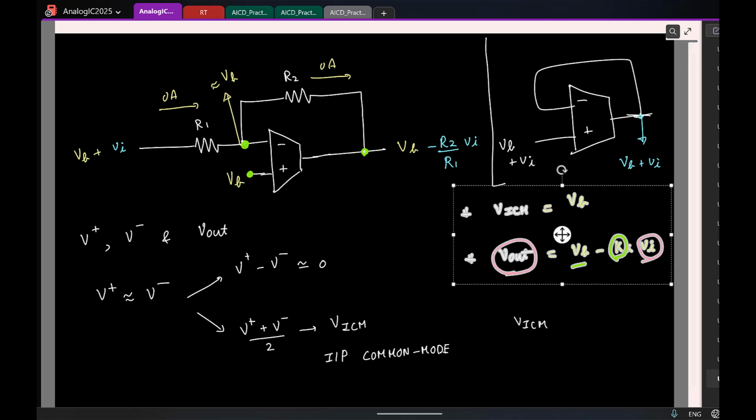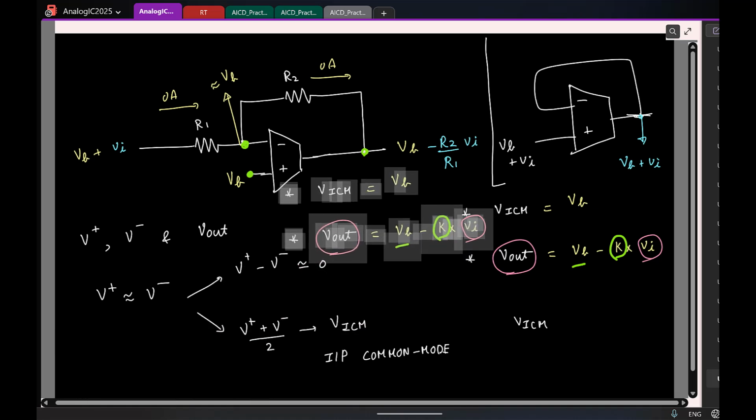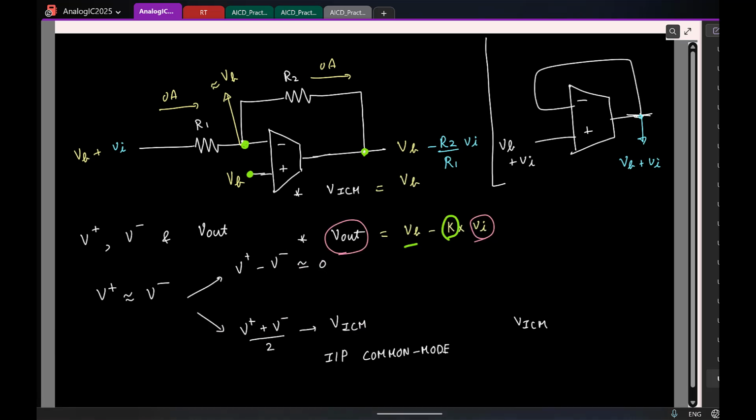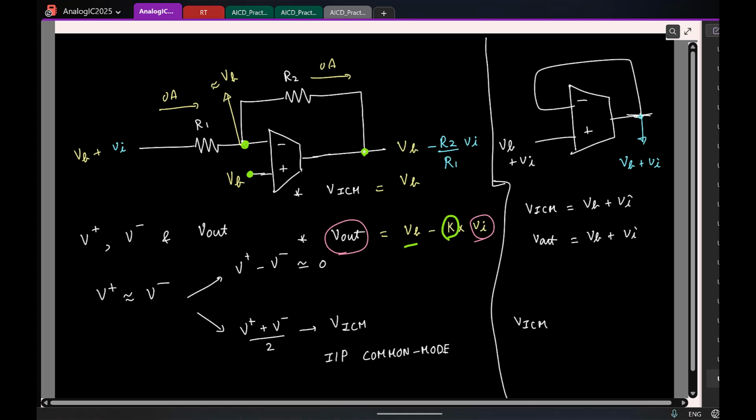Let me actually show it here. So in the circuit, what is VICM? VB plus VI. And what is my Vout? VB plus VI, right? So you kind of know what is the range of voltages I can have for this.